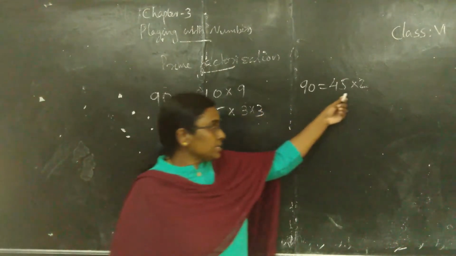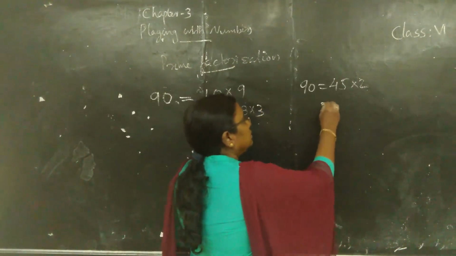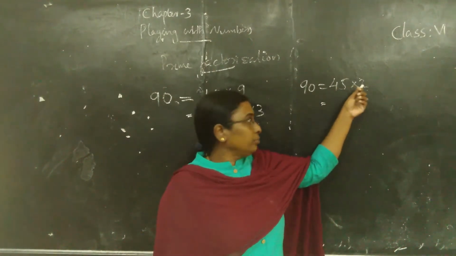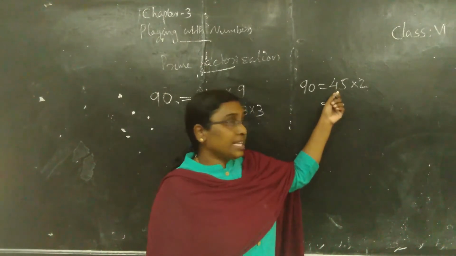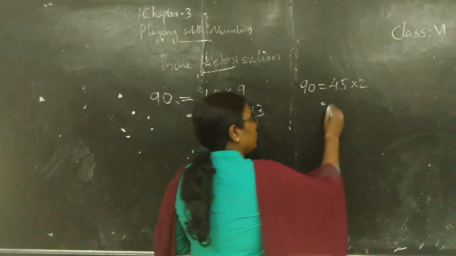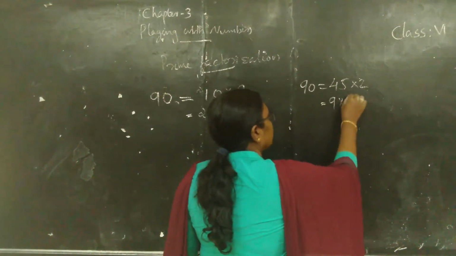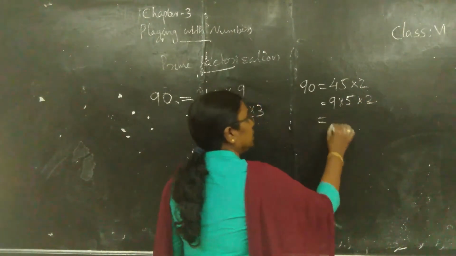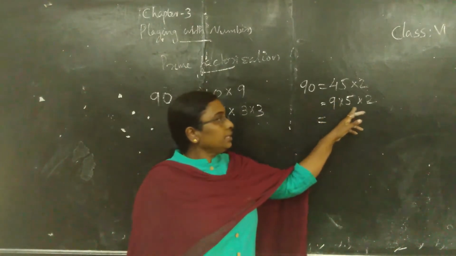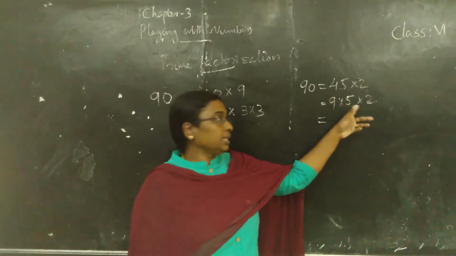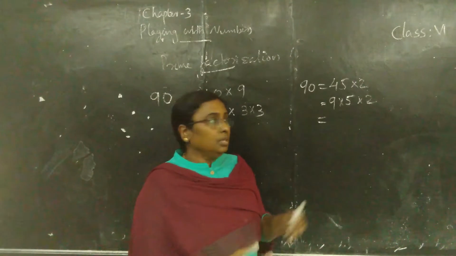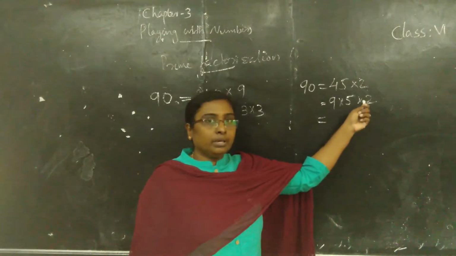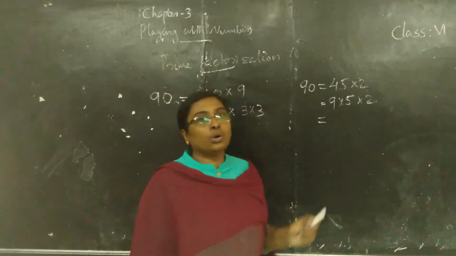If you write 90 like 45 into 2, check whether the given factors are prime. 45 is not a prime, 2 is a prime number. So factorize 45 again. 45 equal to 9 into 5, into this 2. Check again whether the given factors are prime or not. Here the factors are 9, 5 and 2. 2 is a prime number, 5 is a prime number, 9 is not a prime number.